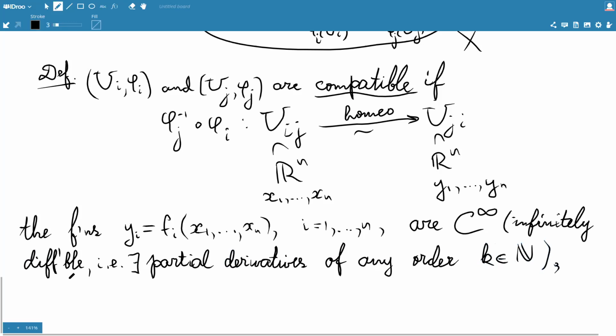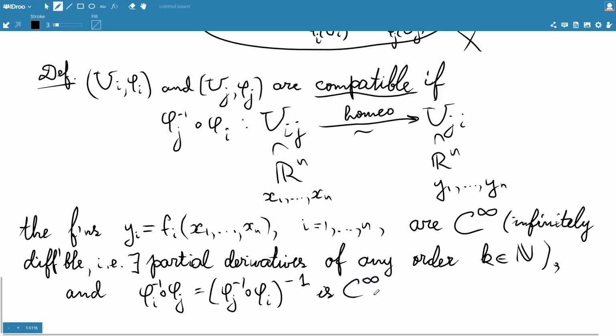And the inverse of this map, which will be phi_j^-1 composed with phi_i inverse, the inverse of the previous one, is also infinitely differentiable, also a C infinity map.